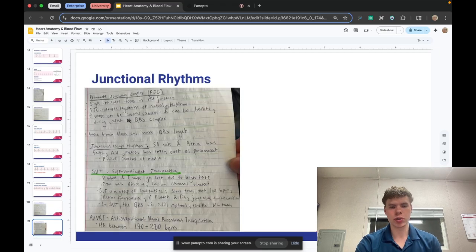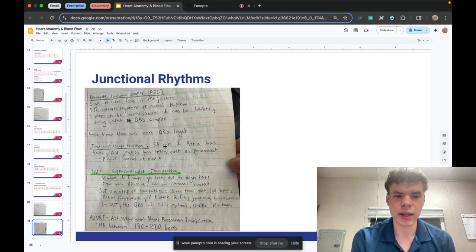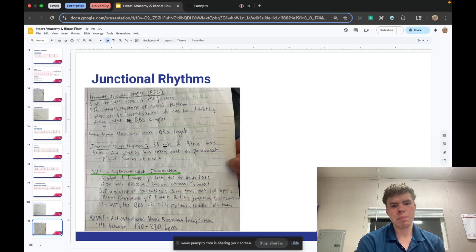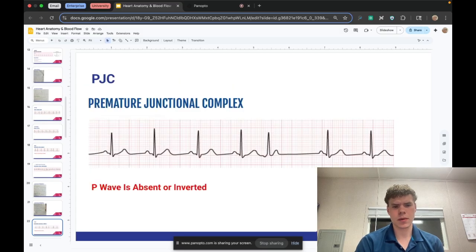A premature junctional complex is a single irritable beat in the AV junction. A PJC interrupts the regularity of the rhythm. The P wave may be inverted, absent, and can be before, during, or after a QRS complex. As you can see here, here's a premature junctional.